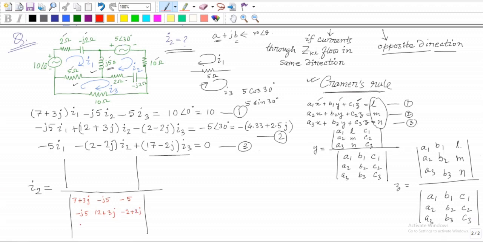Then there is minus 5, minus 2 minus 2j. So you can write this as minus 2 plus 2j and 17 minus 2j. Right? As you are finding I2, the second column will be filled up by these values.